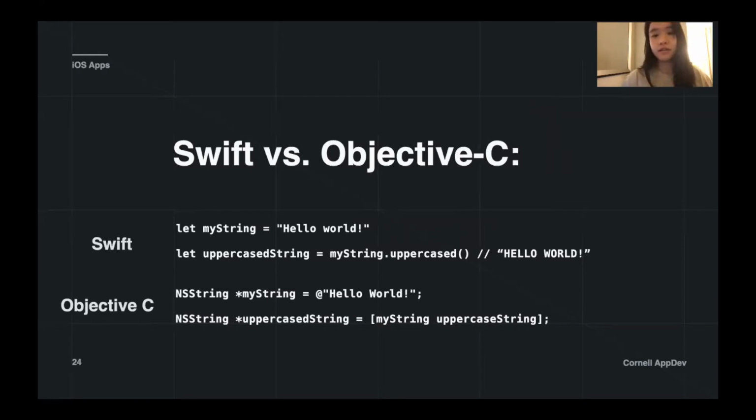However, Swift is just more flexible and clean, unlike Objective-C, where you have to specify your types, you have to have your colons, and it's a very strongly typed language. And so Swift is what we'll be using in this class and what we'll be learning.